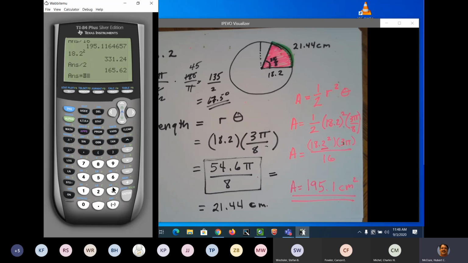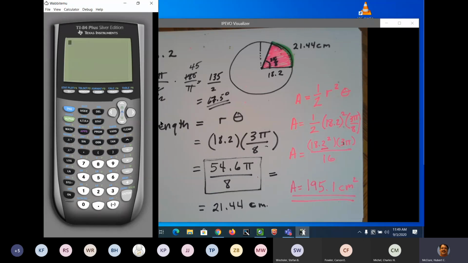Multiply by 3 pi equals, and divide that by 16. Okay, you should get the same thing. You should get the same thing. I don't know why you don't.